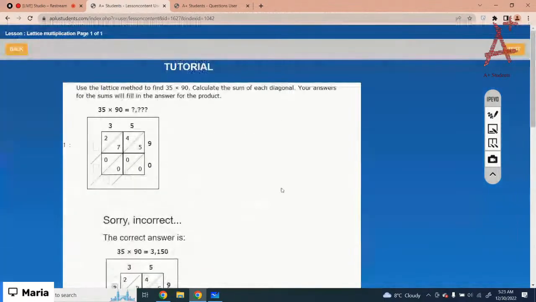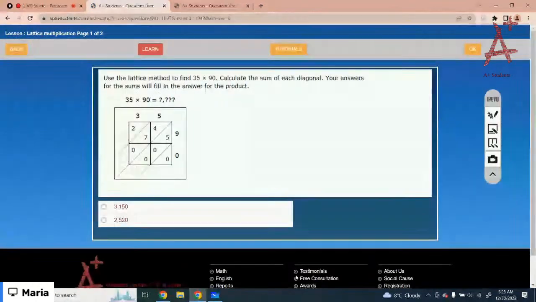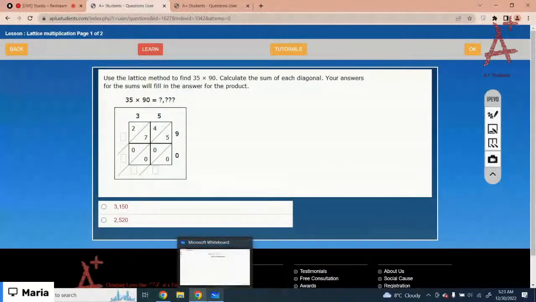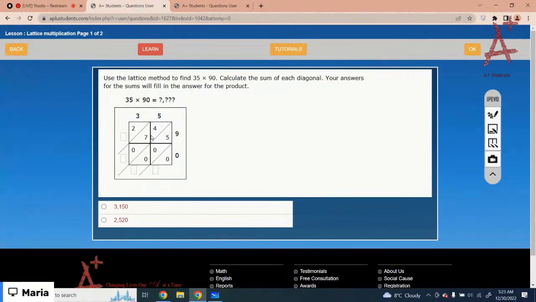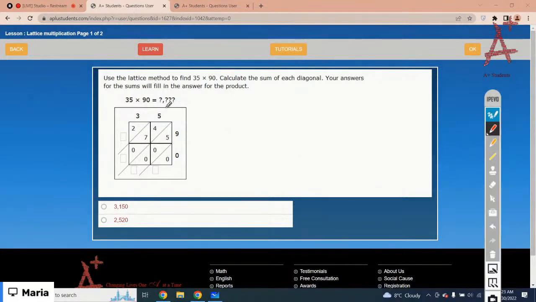Okay, let's start with the example. I'll explain the example. That is the one we did on the board, but let me explain how you have to add the diagonals. Got it? So that 5 is at the ones position. So you have to add the diagonals that are at the ones position. So 7 plus 4 is 11. You have to write 1 and carry 1 to the tens. So 2 plus 1 is 3.